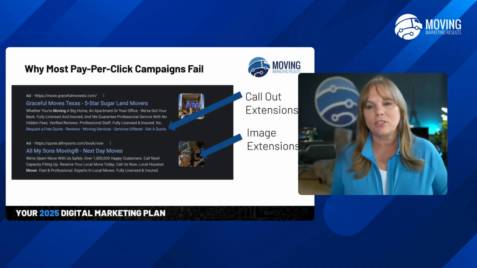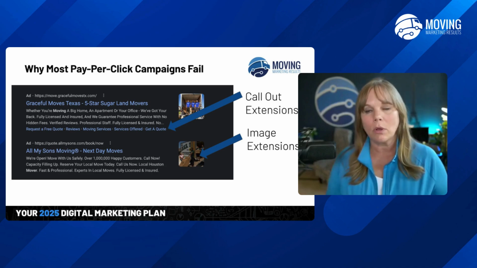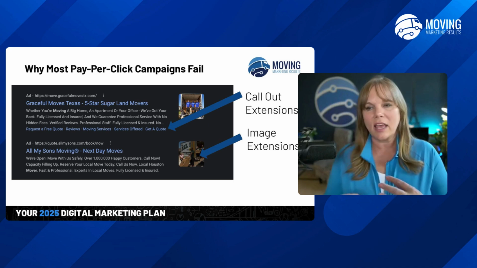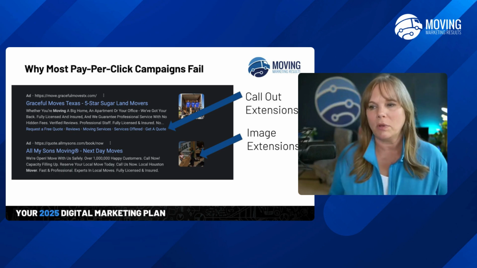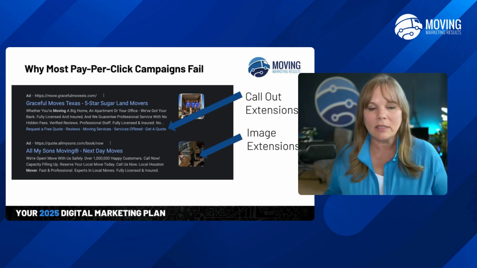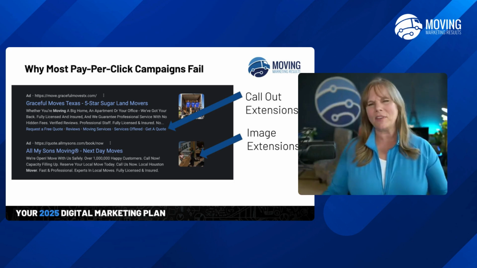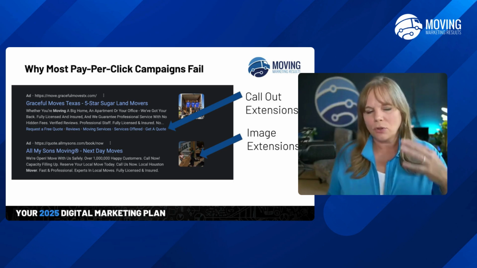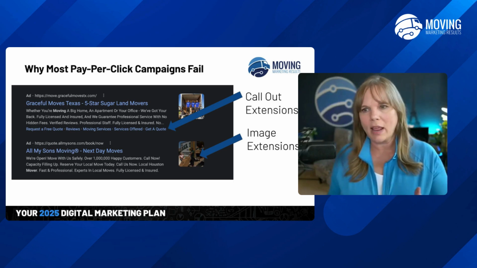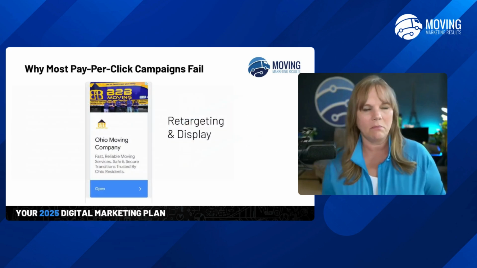Callout extensions are things like a free quote, look at our reviews, all the moving services. These are just added extras that we want to add to the bottom, which fills in that ad. And then we want to make sure that we've got photos that go with it. So always do as much as you can to fill the campaign with all the data, because Google's going to do their own thing. They've got their own AI in there, and we don't want to miss that.